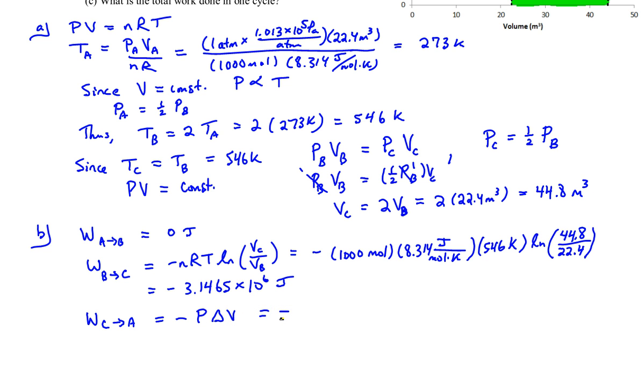The pressure here at A is the same as the pressure at C, and that was 1.013 times 10 to the power of 5 pascals. And the volume is decreasing, so it's going to be a negative change in volume from 44.8 to 22.4, so that's a negative 22.4 meters cubed. And that will give you a work of positive 2.26912 times 10 to the power 6 joules.